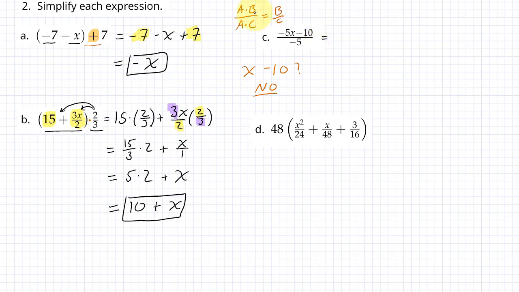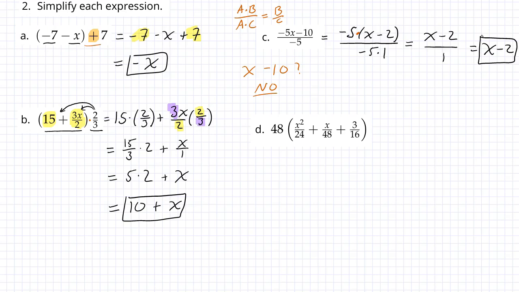So to write it as multiplication so that you can use that rule, this is going to become negative 5 times x minus 2 after you factor it out. Now you have a multiplication here, just like you need in order to cancel something out. And that's divided by negative 5. And remember, negative 5 you can think of as negative 5 times 1, just to see that there's a 1 left over. So you get x minus 2 over 1, also known as x minus 2.